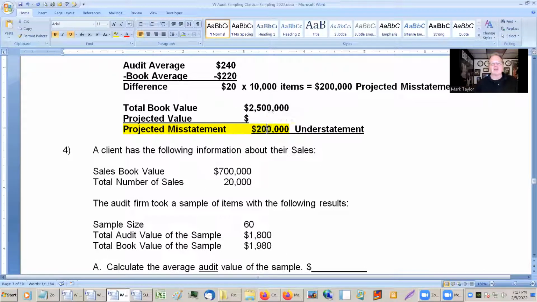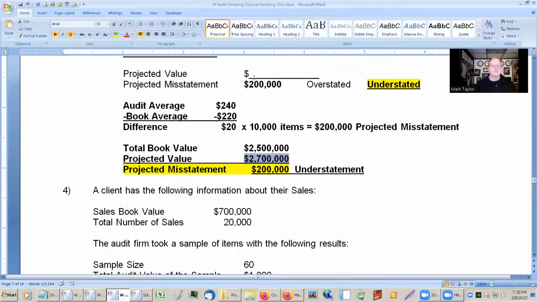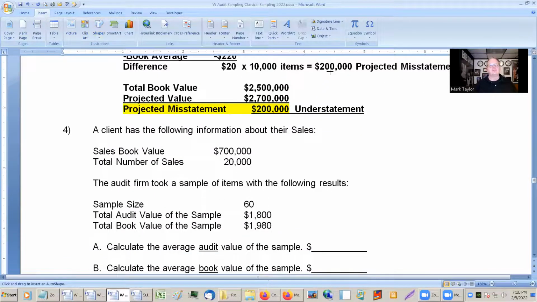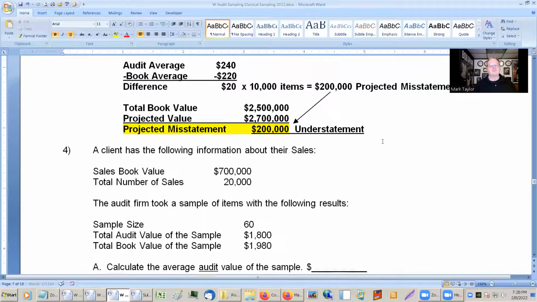Well, if it's understated by 200,000, we have to add it onto that, right? So this would have to be 2,700,000. Again, this one's a little bit strange in that you get the misstatement first. And this is the one you got to back into.